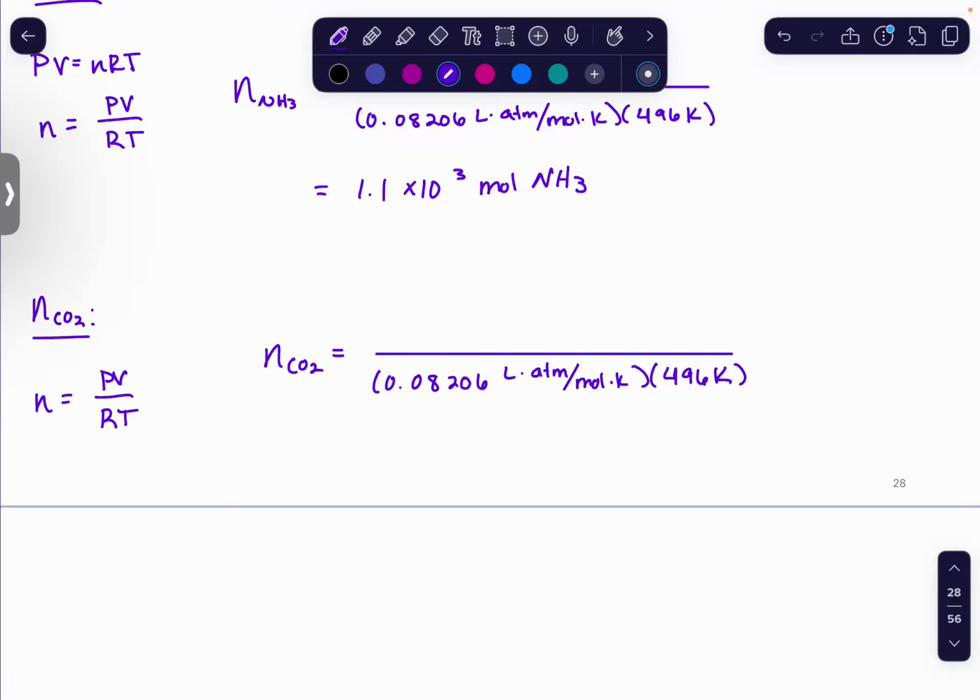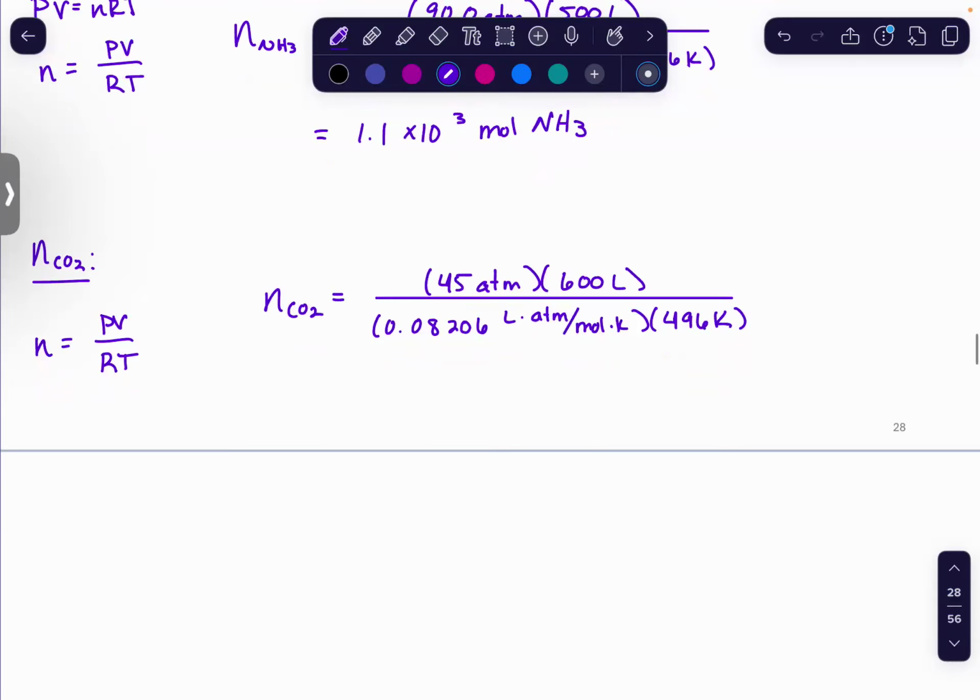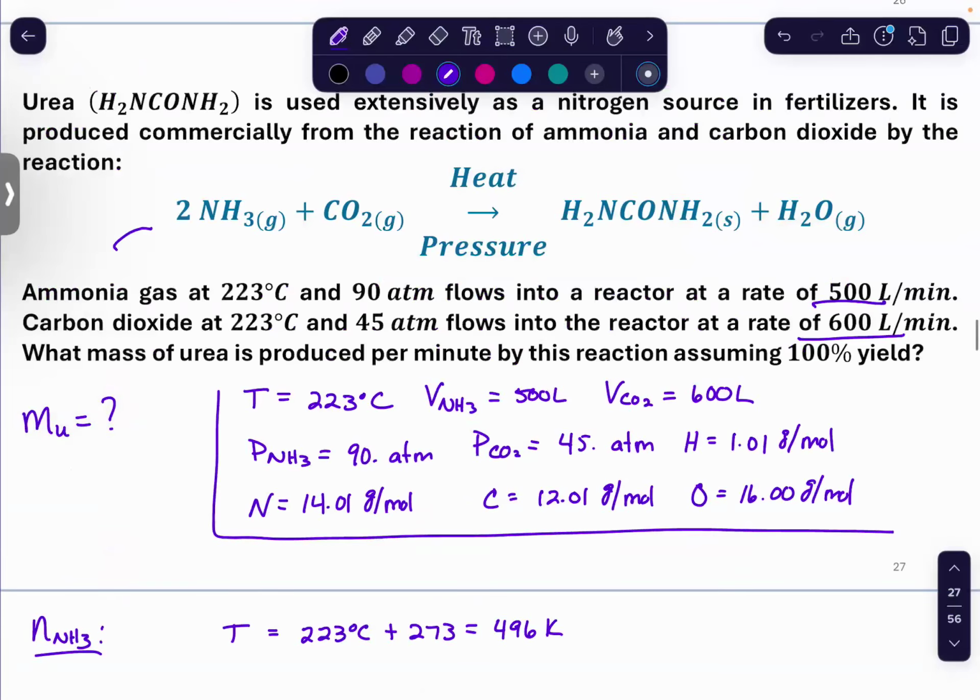For the CO2, pressure is 45 atmospheres. And then volume is 600 liters every minute. This is going to give us 6.6 times 10 to the second moles of CO2 every minute. Now, we're going to need to figure out, using our chemical equation, moles and then ultimately mass of urea produced.